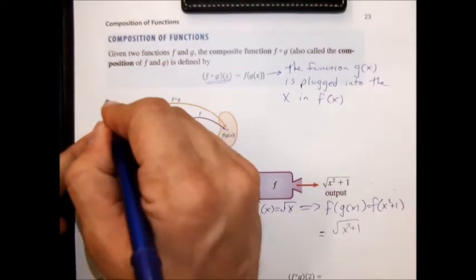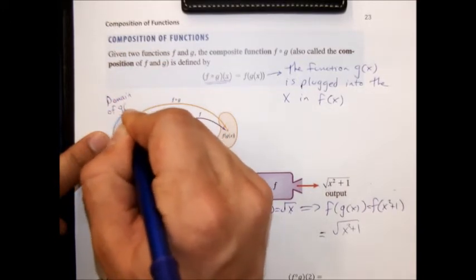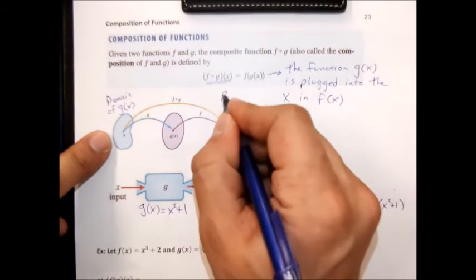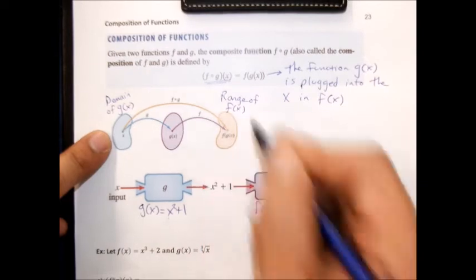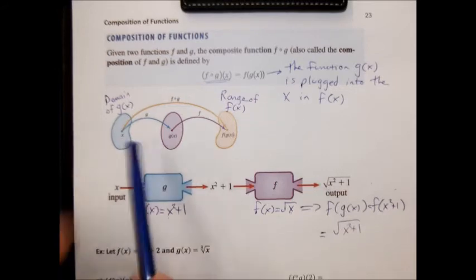So the bean on the left here is the domain of g, and then the bean on the right is the range of f. And so you can see that things that we plug into this function come from the domain of g, and they get sent to, because they eventually get plugged into f, they get sent to the range of f. And so that's what this diagram is showing us.